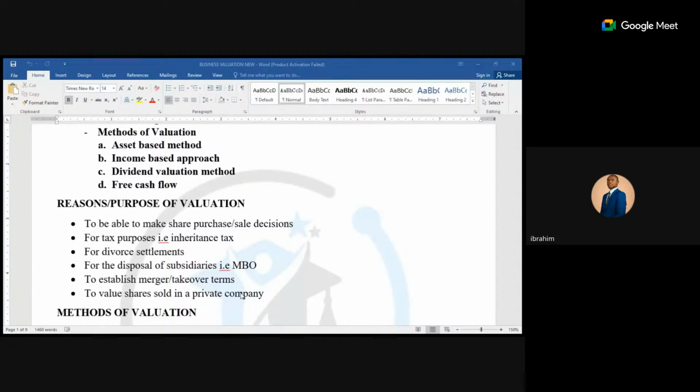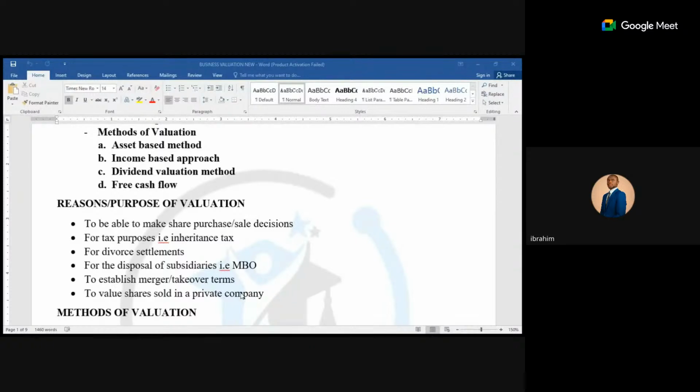For them to become one, the company that you want to merge with, you have to determine the valuation of that particular business. Or takeover, that is acquisition. Before you acquire company A, you have to carry out a valuation to know the total value of the business.